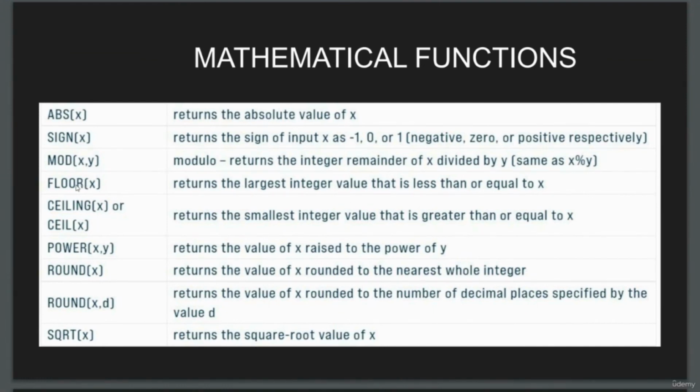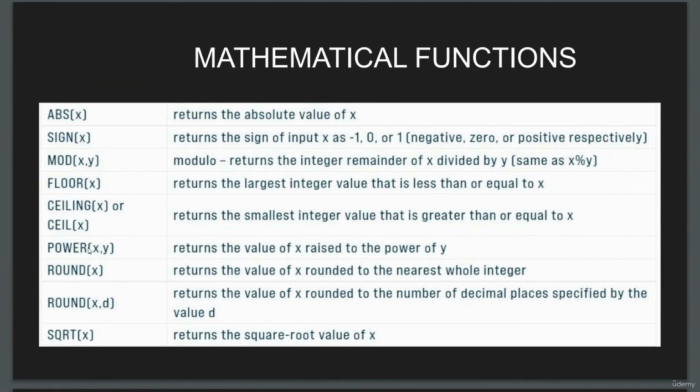Then we have another function which is FLOOR of x. It returns the largest integer value that is less than or equal to x. After that we have CEIL of x, and it returns the smallest integer value that is greater than or equal to x.